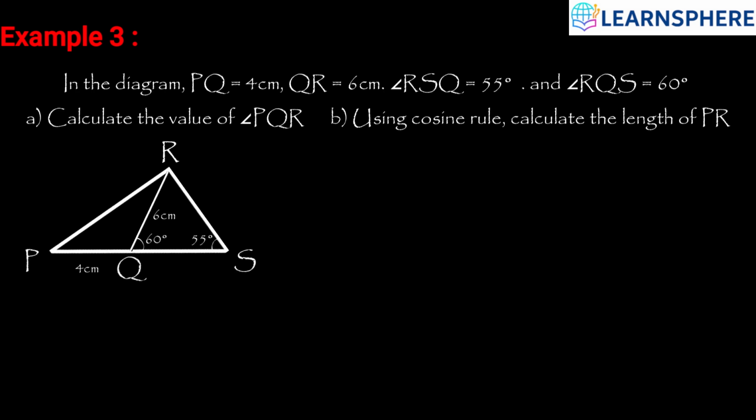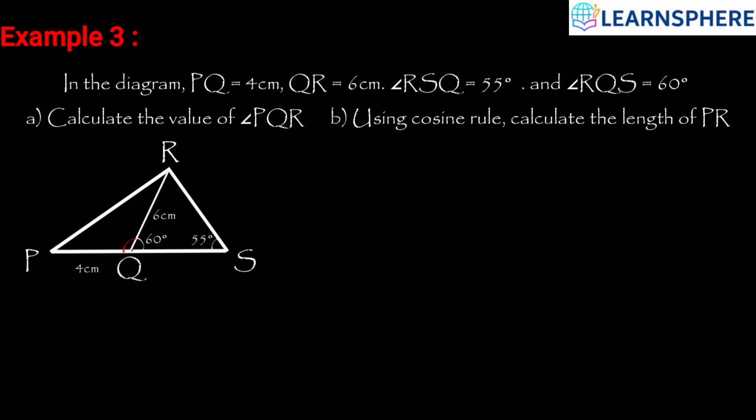Let's take a look at the next example, where the question is, in the diagram, PQ is 4 cm, QR is 6 cm, angle RSQ is 55 degrees, and angle RQS is 60 degrees. For part A, we are asked to solve the value of angle PQR.